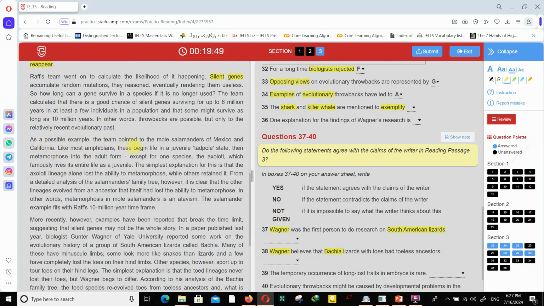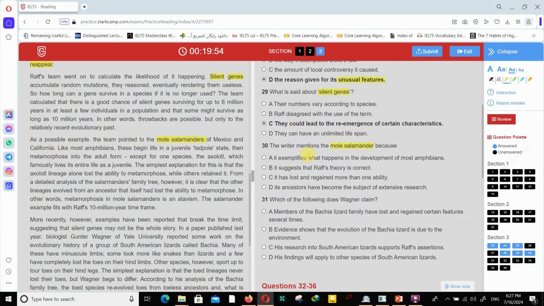As a possible example, the team pointed to the mole salamanders. Mole salamanders. Okay, now be careful. This is answering this question. Of Mexico and California, like most amphibians, these begin life in a juvenile tadpole state, then metamorphose into the adult form, except for one species, the axolotl, which famously lives its entire life as a juvenile.